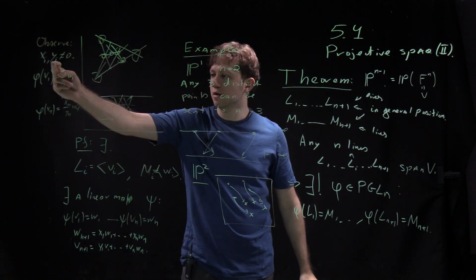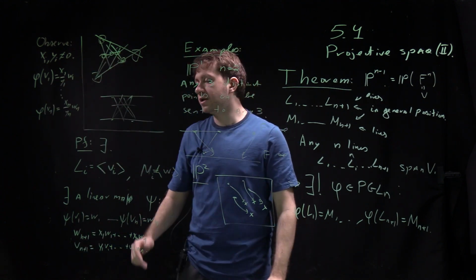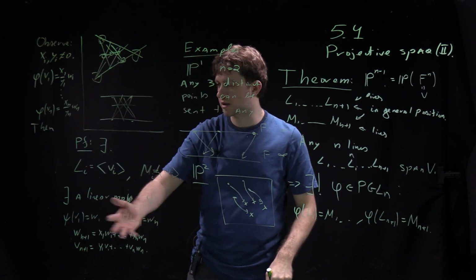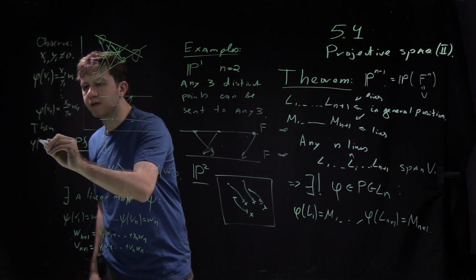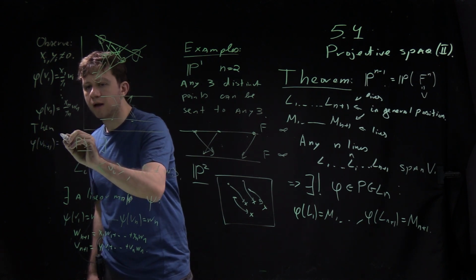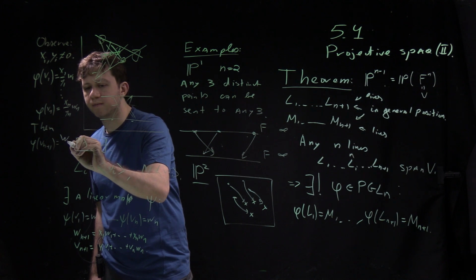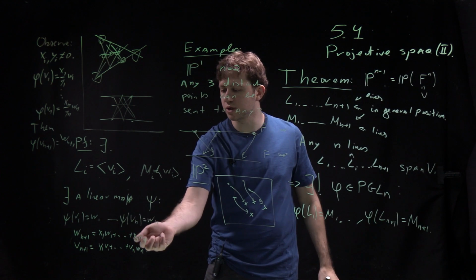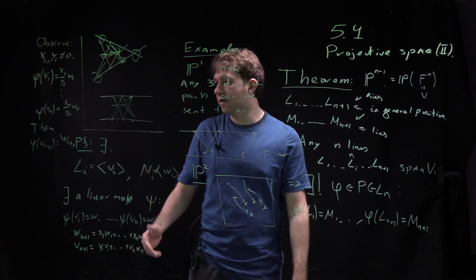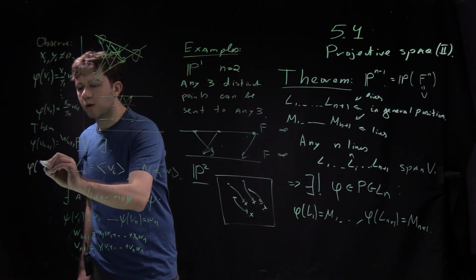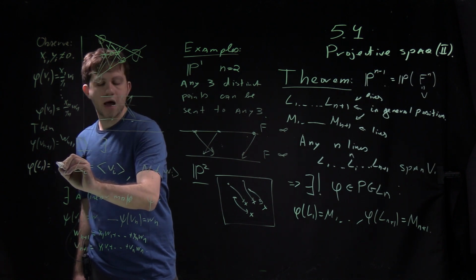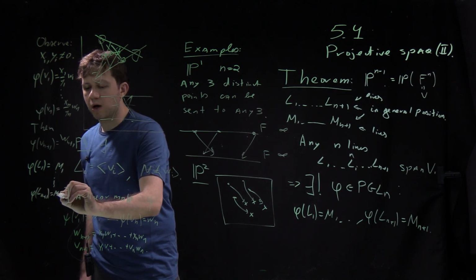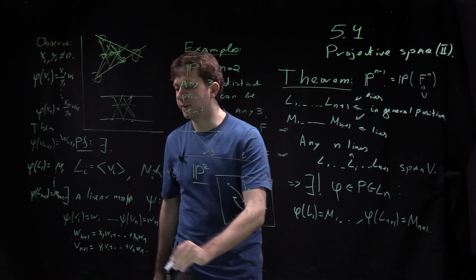So we just send our n vectors to n vectors, and then from here, by applying this transformation, we see that phi of vn+1 equals wn+1. Just see: this goes to here, this goes to here, and so on. But then, of course, phi of L1 equals M1, up to phi of Ln+1 equals Mn+1, and we won. So done.